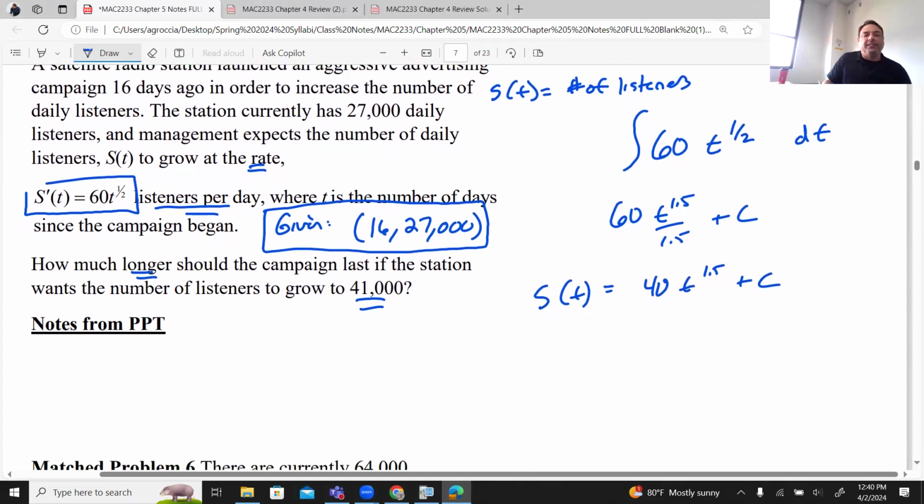That's why we use the given. T is 16 when the number of listeners is 27,000.